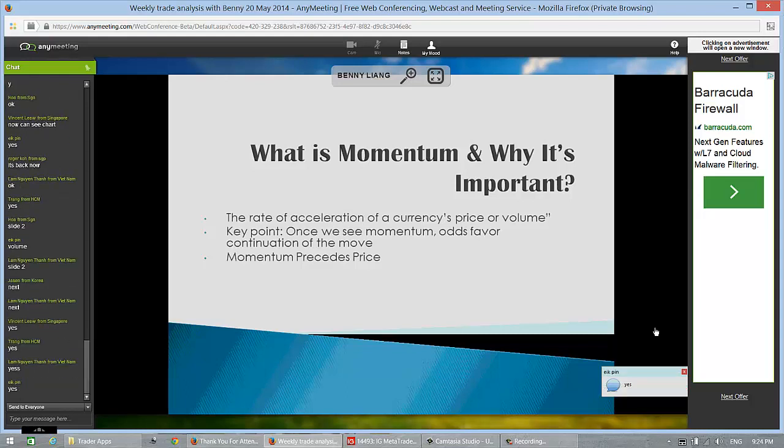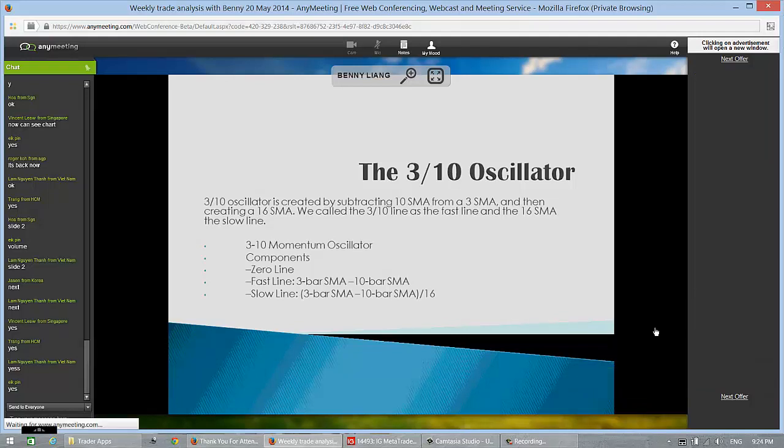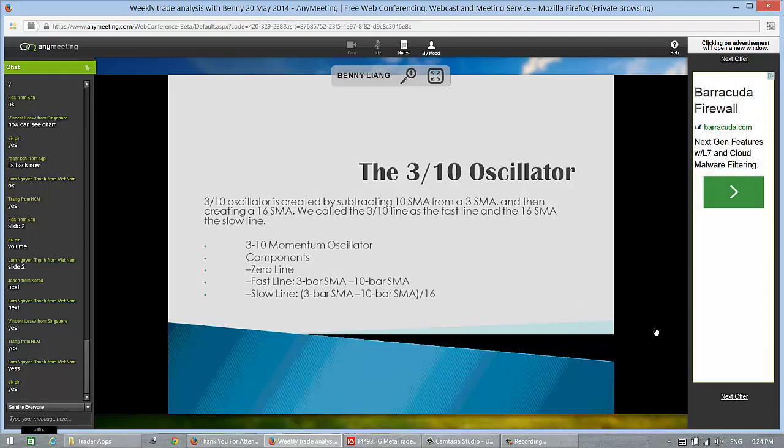Okay, so basically we move on to the next slide. The 310 actually is made up of 3 components. One of them is a zero line, and the fast line is actually the indicator which I sent to you. By default, they give you a blue line, if I'm not wrong, or a green line. You can change the color actually.